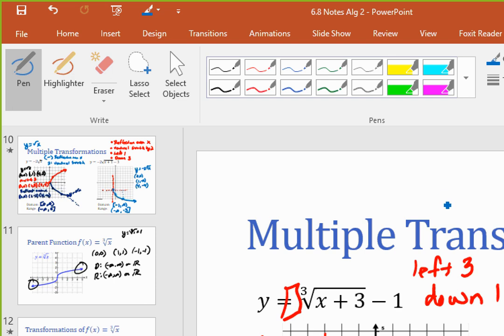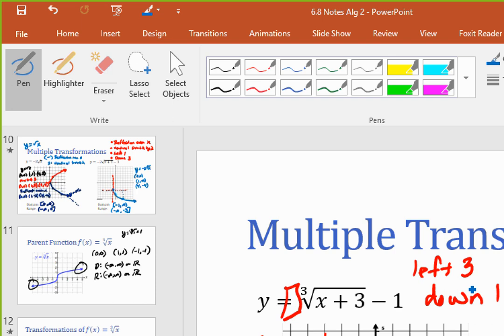I'm still going to use -1, 0, and 1. But then it's going to be multiplied by -1 for my output. So my new coordinates are going to be -1, +1. Still 0, 0, and 1, -1 for the third.